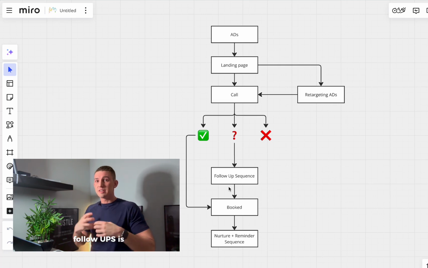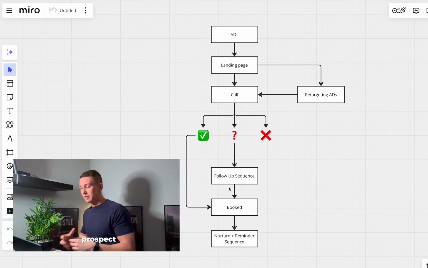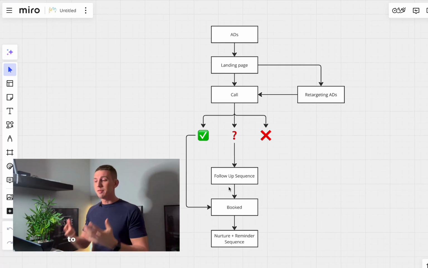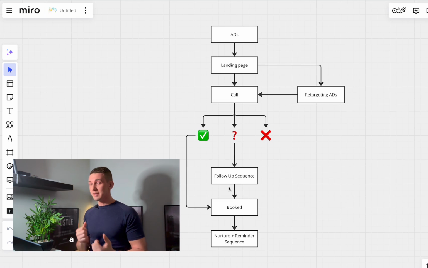But those follow-ups are giving that prospect the opportunity to then book in themselves. So it could be a link, it could be a phone number, it could be a text message that says, when are you free? And then you can manually book them in from there.